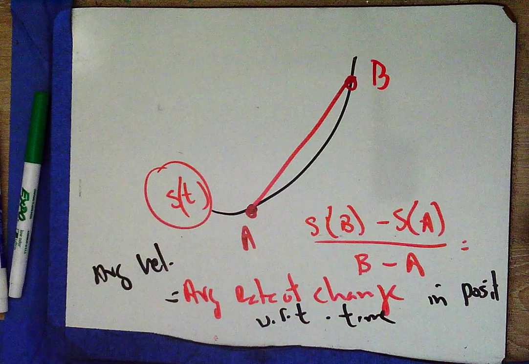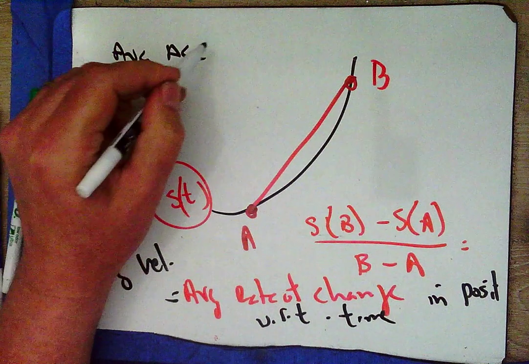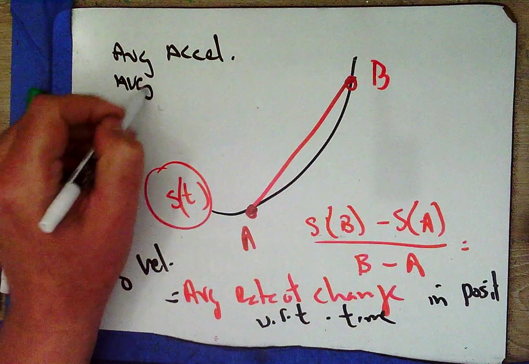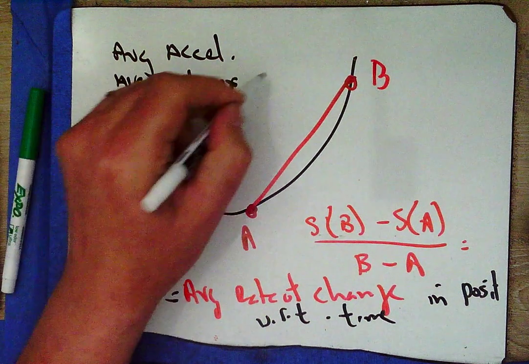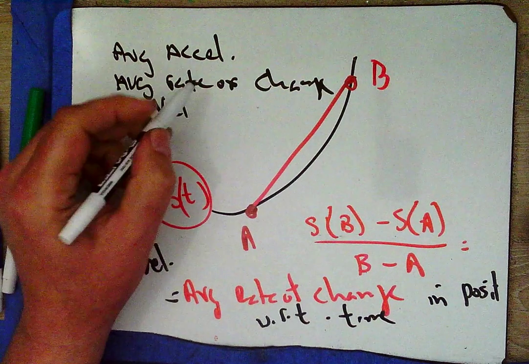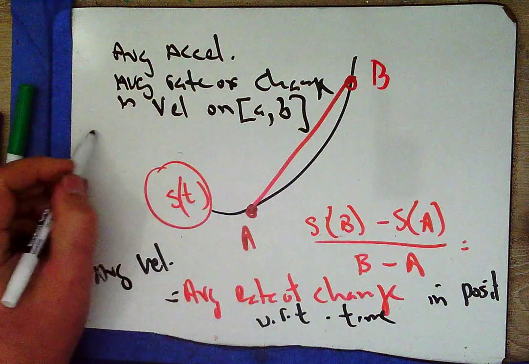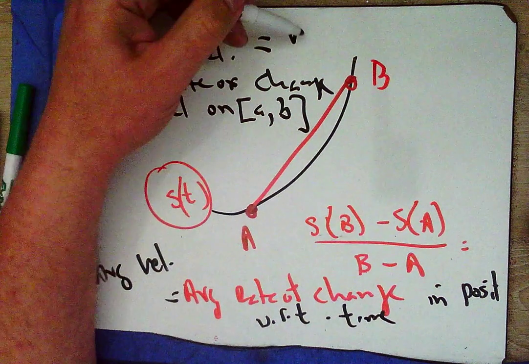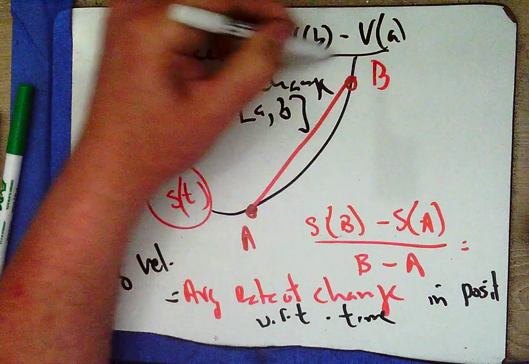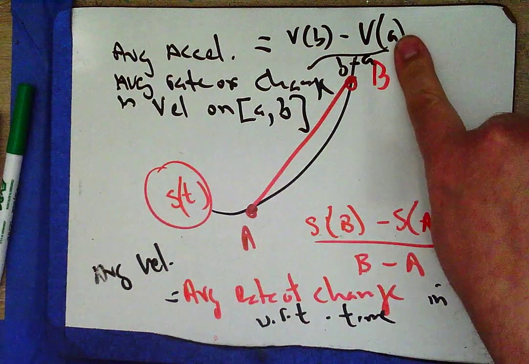Okay, just like average acceleration would be the average rate of change in velocity on A to B. And so we would do average acceleration equals v of B minus v of A over B minus A. Some students confuse these and think that this finds average velocity.